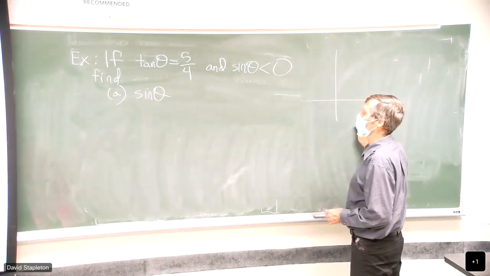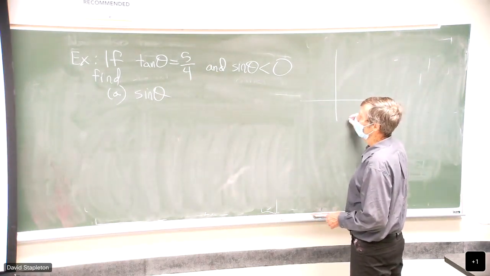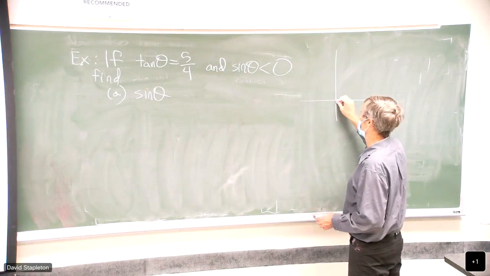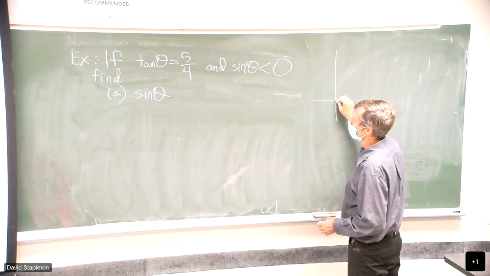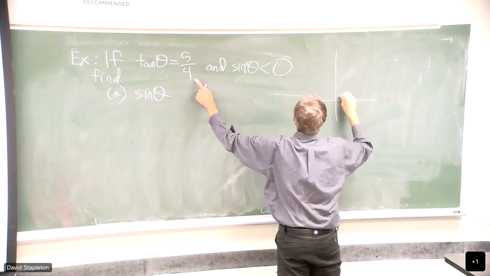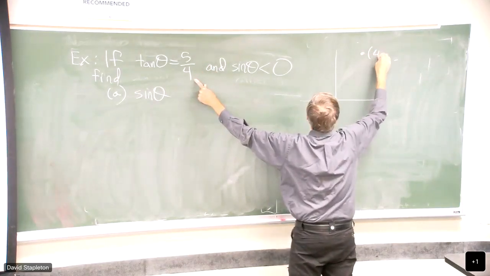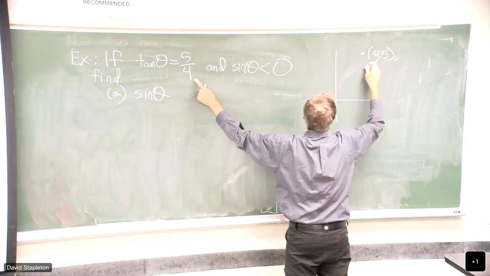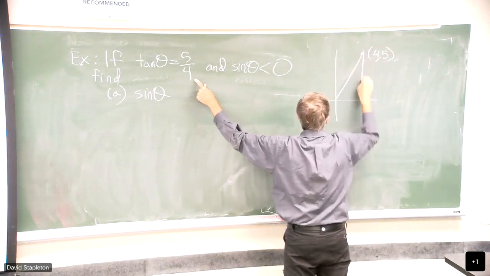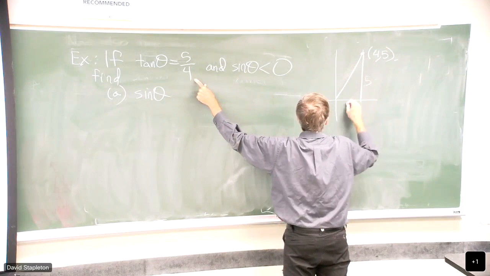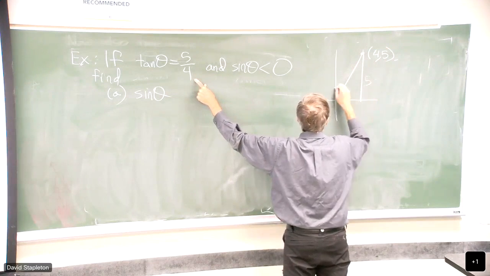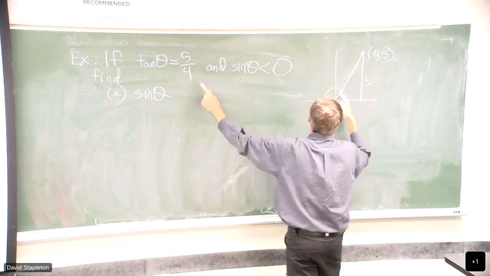They call this the XYR diagram in some trigonometry books. This one doesn't bother to do it. If you treat this as y over x, then you're going up to the point y equals 5, x equals 4. And saying, oh, the tangent of the angle is the ratio of this side 5 to this side 4, but really the sine and cosine are the corresponding point on the unit circle.